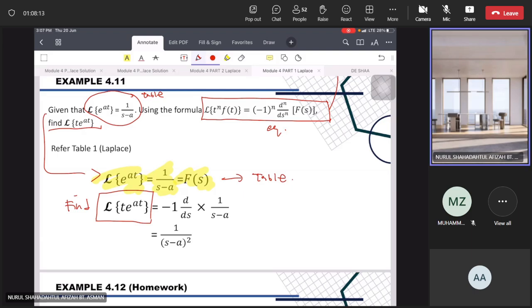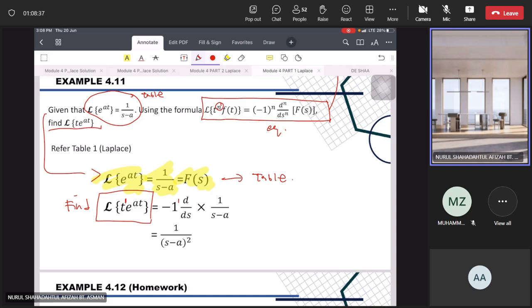So minus 1, you just substitute the value. Your n is equal to 1 because it's the n. So that's why the n here is 1. The n on d/ds is 1.